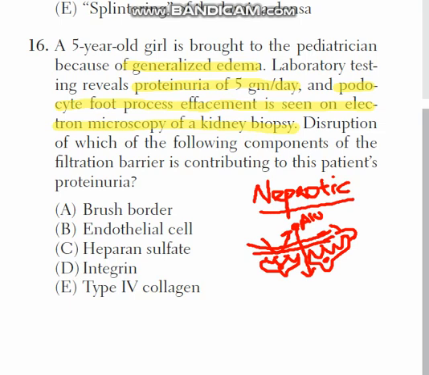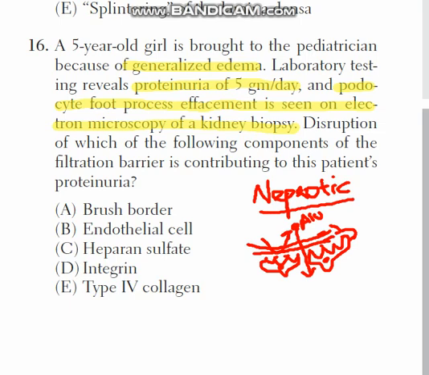Our mind will click two answers: number first, the type 4 collagen, and number second, the heparan sulfate, because the brush border is not related to this one. Endothelial cell, no, because if the endothelial cell is damaged, then there will be non-selective proteinuria, and some inflammatory process starts to occur here, which finally leads to nephritic syndrome, okay.